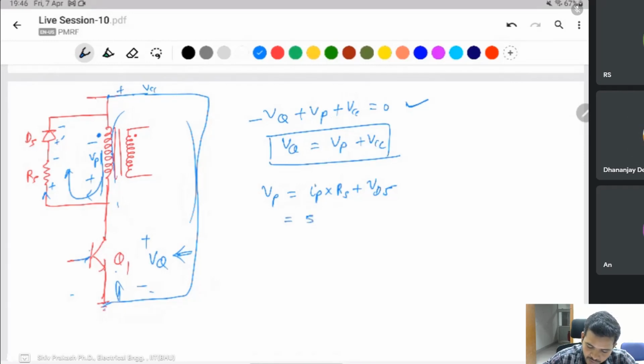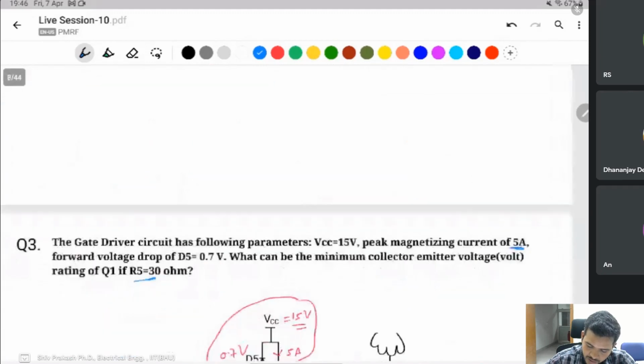Ip is given as 5 ampere and resistance is given as 30 ohm, plus this one voltage drop is 0.7 volt. Then Vp is 150.7 volt. And what is VQ? VQ is Vp, 150.7, plus VCC, which is 15 volt.